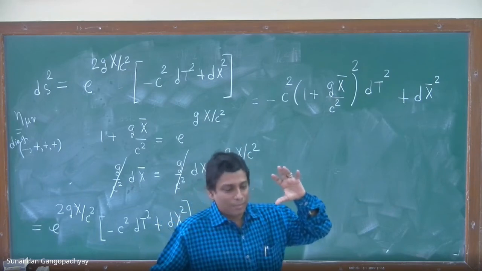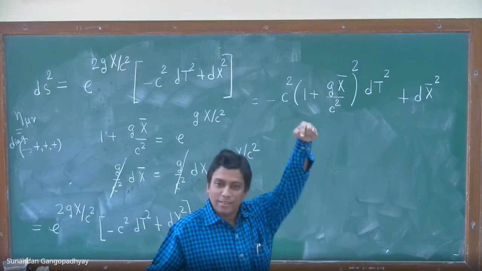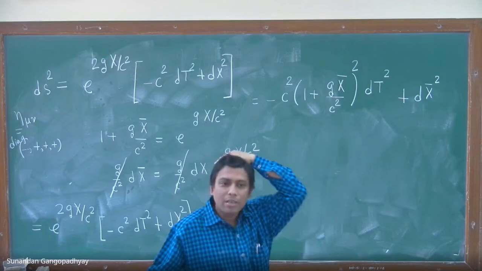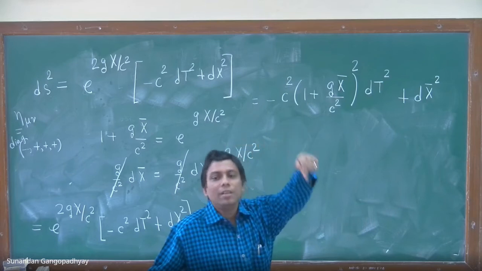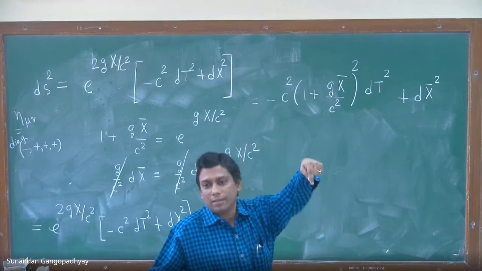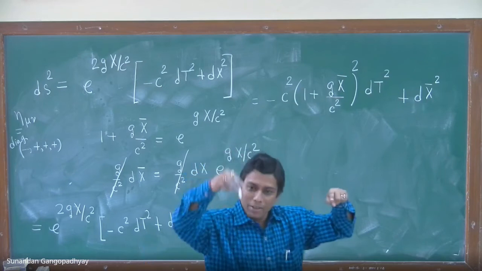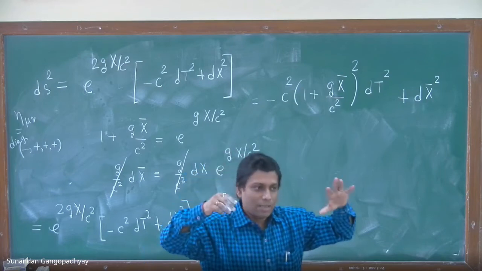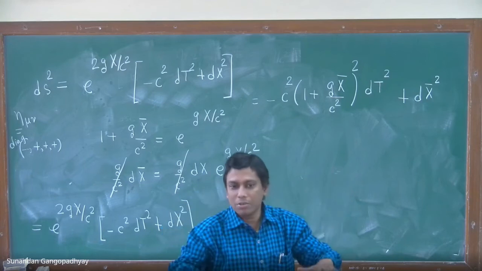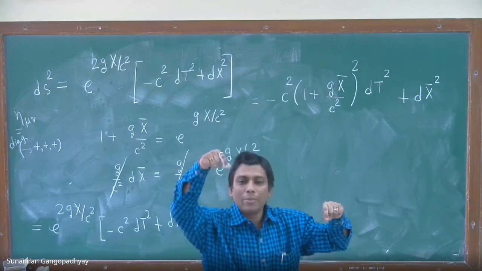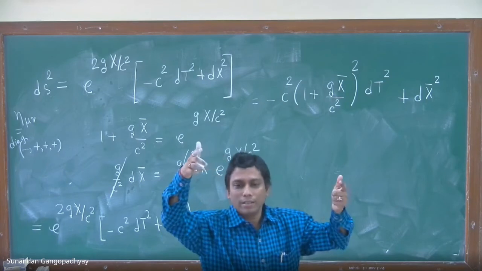So general relativity means uniform gravitational field or arbitrary gravitational field, freely falling elevator. Then what is happening? Just think of Earth, uniform acceleration due to gravity, freely falling elevator. What happens locally? No gravity.